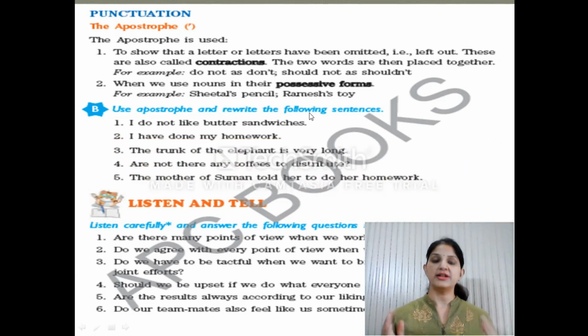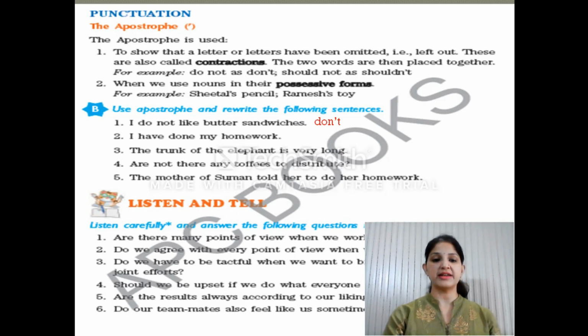Okay. Now let us see where we have to use the apostrophe in the following sentences. Here you can read the first sentence. I do not like butter sandwiches. So what will be contracted in this sentence? Do and not. By making it a single word, we will contract it and write I don't like butter sandwiches.